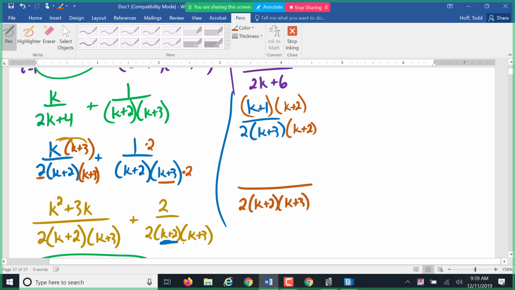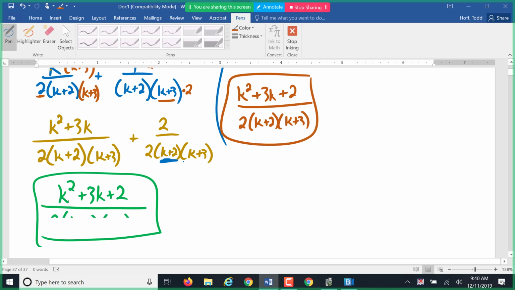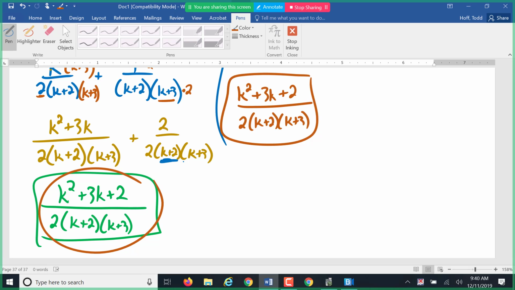If I FOIL out this numerator, k times k is k squared. k times 2 is 2k, 1 times k is 1k, that's 3k, and 1 times 2 is 2. And we notice that does give us the same result we had over here. So we have just proven by induction that if it is true for n equals k, it must be true for n equals k plus 1.